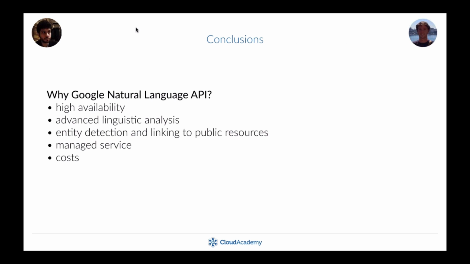And so why should we use the Google Natural Language API? There are several reasons. It is a cloud service, so you don't have to take care of the infrastructure, and you have a powerful infrastructure behind the service that can serve you well from the availability point of view.